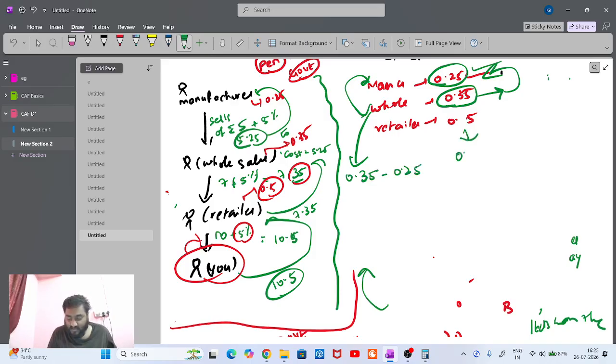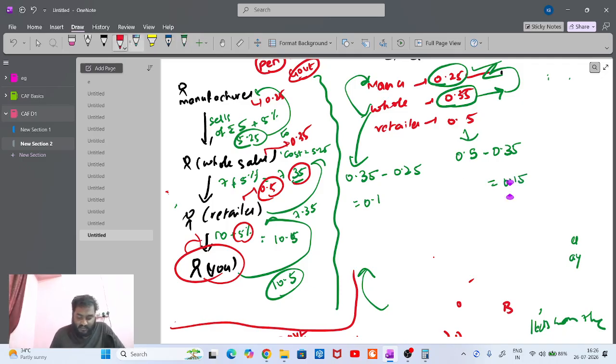For the retailer, 0.5 minus 0.35. This is 0.1. This is 0.15.